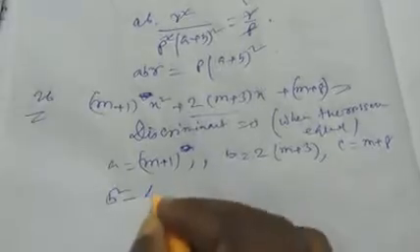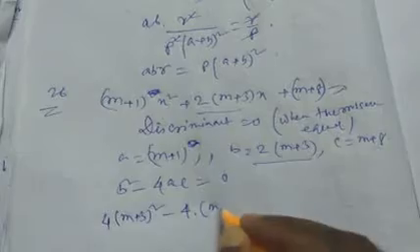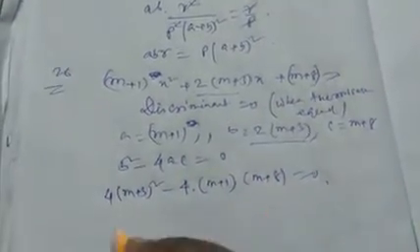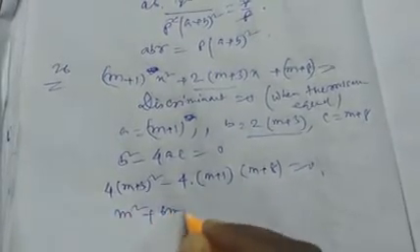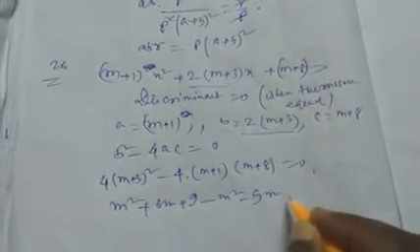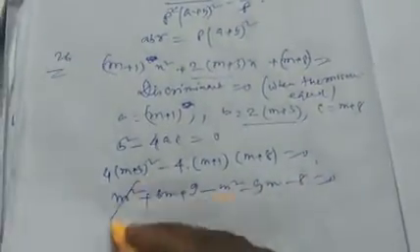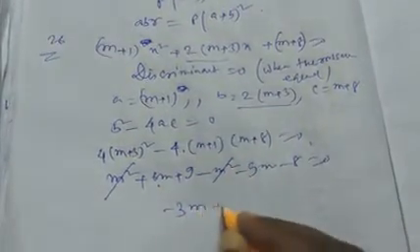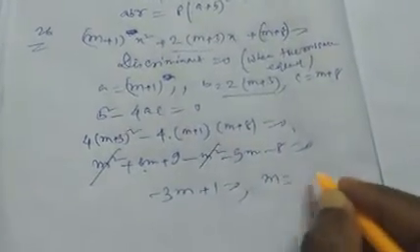So b square minus 4ac is called the discriminant, and this is b, that is 4 (m plus 3) whole square minus 4ac, (m plus 1), c is (m plus 8). Okay, simplify: m square plus 6m plus 9 minus m square minus 9m minus 8 equal to 0. So cancel out. So 6m minus 9m, that is minus 3m plus 1 is equal to 0. So m will be 1/3.